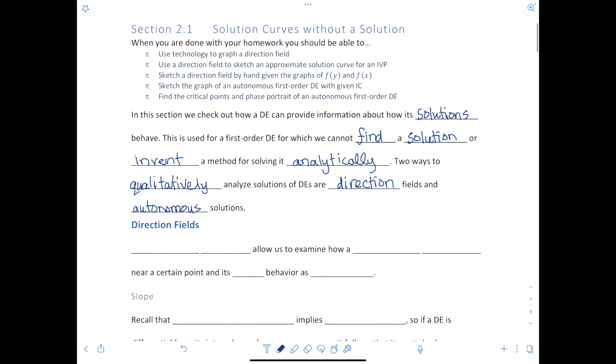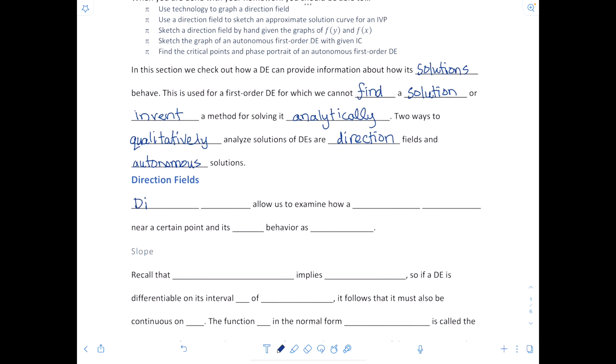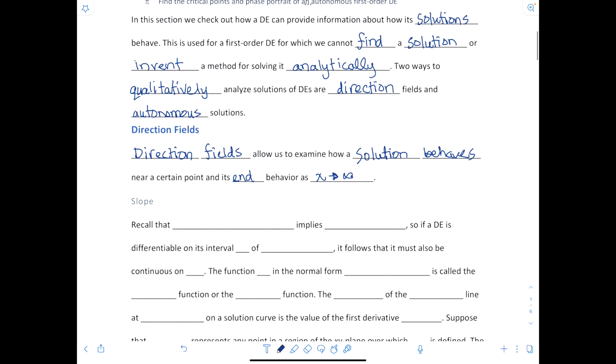All right, direction fields allow us to examine how a solution behaves near a certain point and its end behavior as x approaches infinity. So, let's take a look at slope.